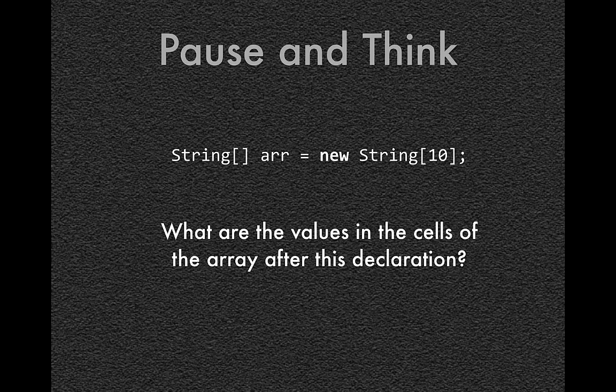Java always fills a newly initialized array with initial values for the type of object that's going into the array. In this case, the type of object is string, and string in Java is a reference type. And in Java, the default value of all reference types is null. Now, if we had initialized an array of integers, then the default value would be 0.